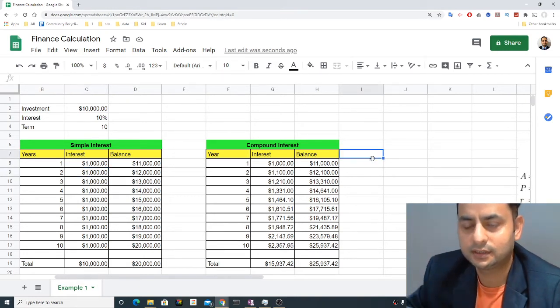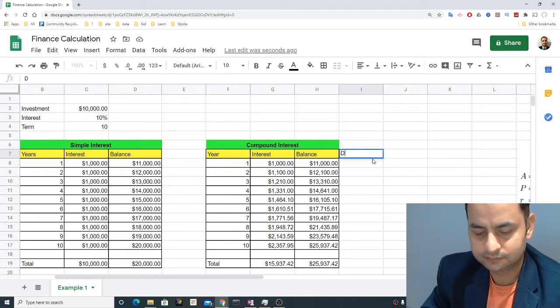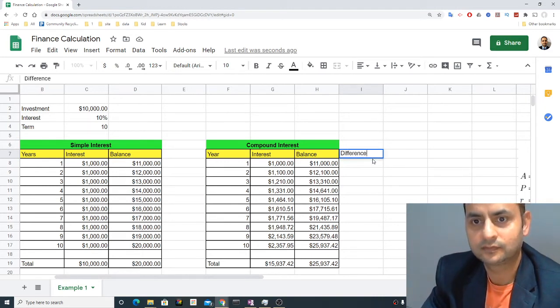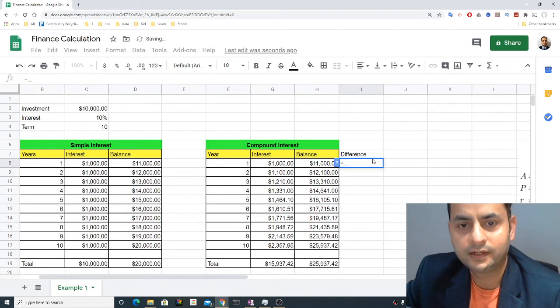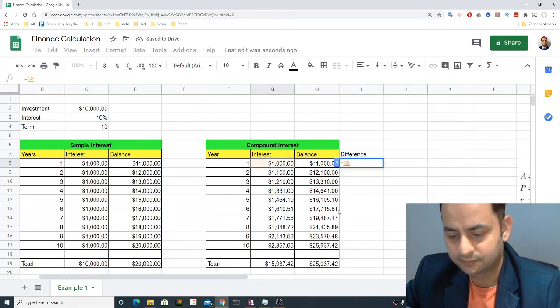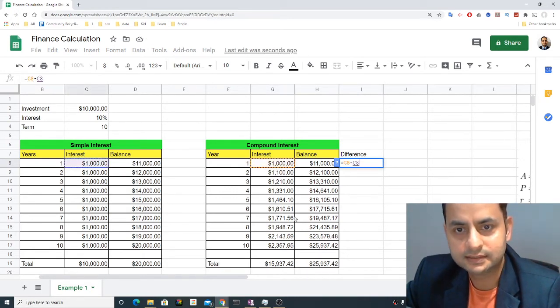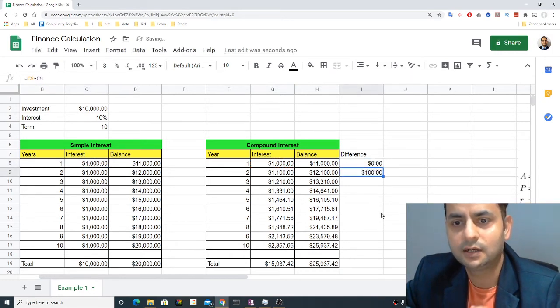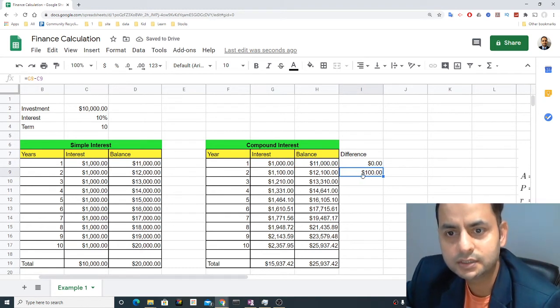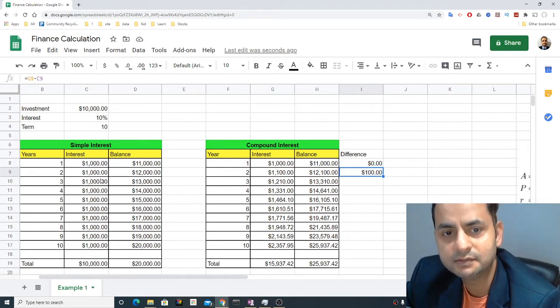So if I add one more column here, and do this minus this, compound interest minus simple interest, the first year is 0 and the second year is $100 extra. Now the question is, we understand with the simple interest example that the 1,000 comes from this 10,000, right, 10,000 times 10%.